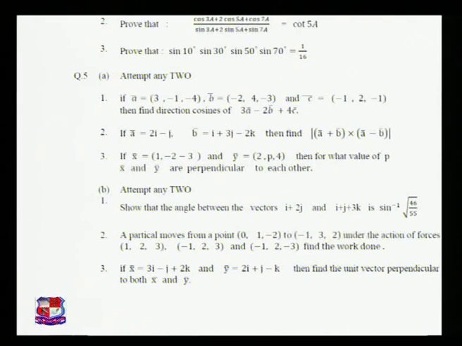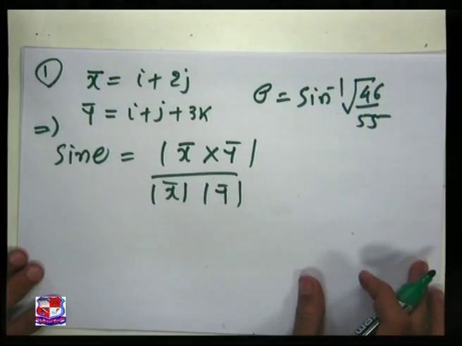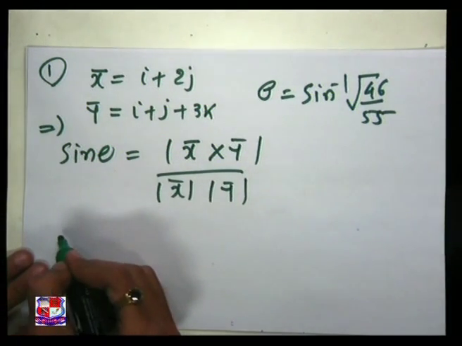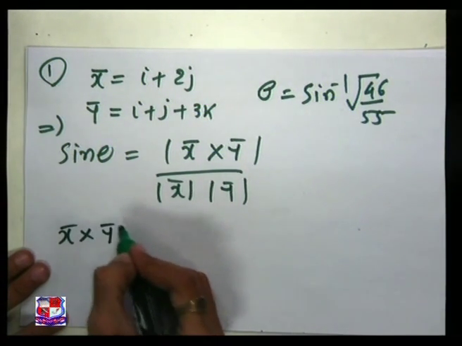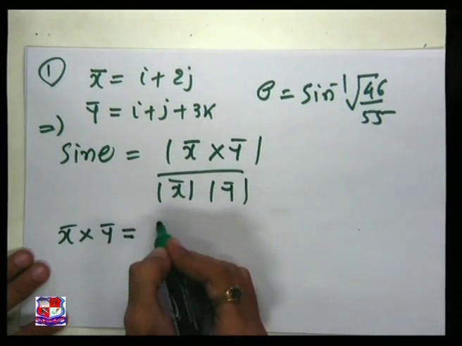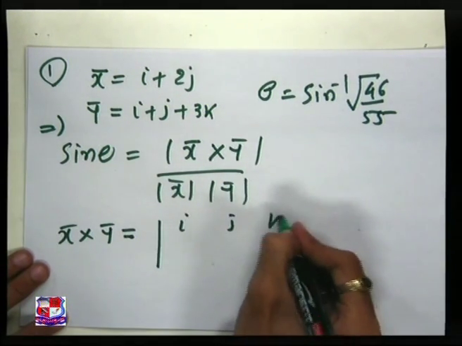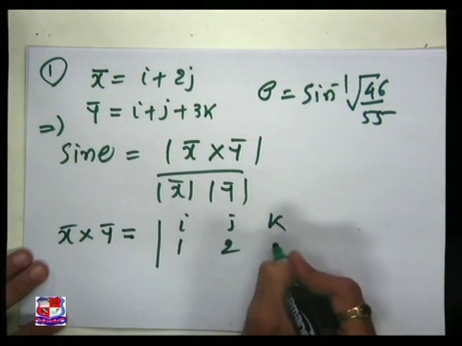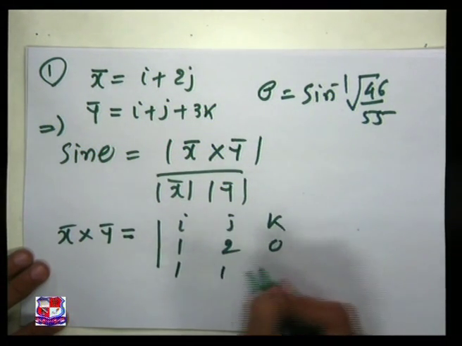We know that sine theta is equal to modulus of x bar cross y bar upon mod of x mod of y, right? In this way we can find the value of sine theta. So here x bar cross y bar is equal to the determinant with rows i j k, 1 2 0, 1 1 3.